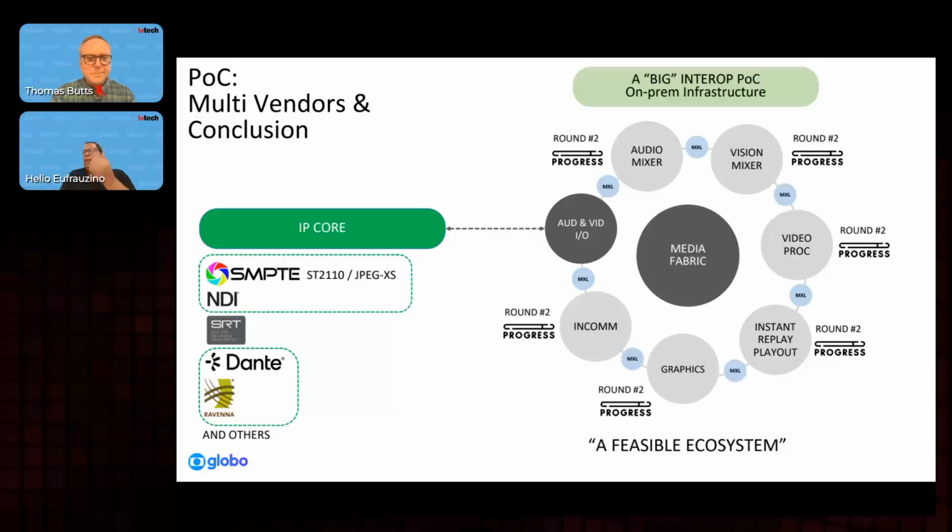But of course, speaking of Globo, we wanted to see this with more protocols. Besides SRT, we want to do this mainly with SMPTE 2110, JPEG XS and NDI, and for audio, we needed to bring Dante and Ravenna. It is a scenario that we have here at Globo. Mostly our infrastructure uses these kinds of protocols for the IP core, but we can bring these signals to a different infrastructure, software-centric.